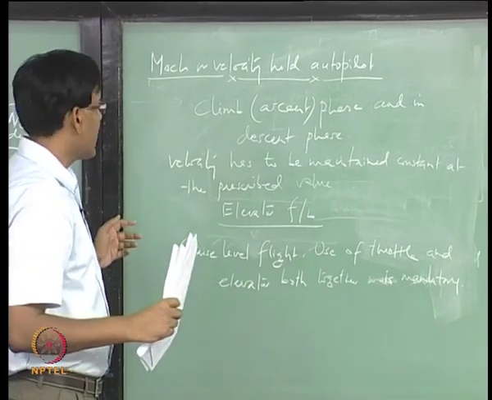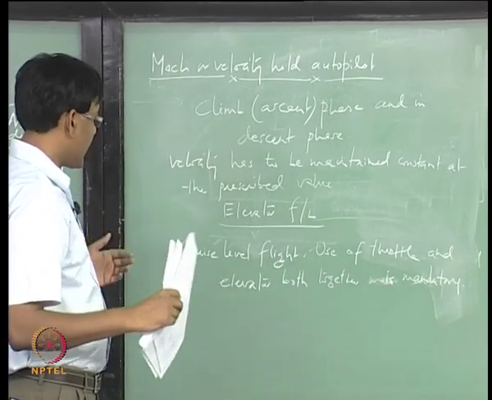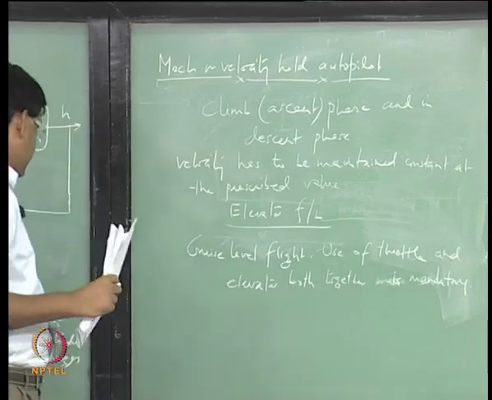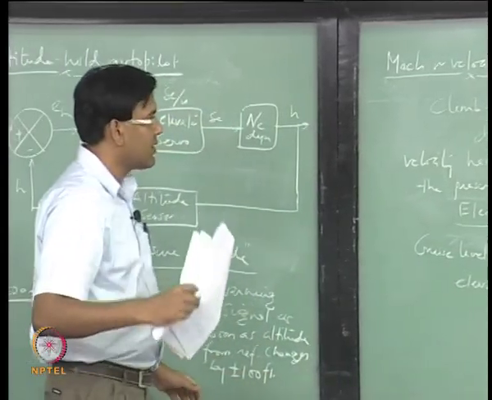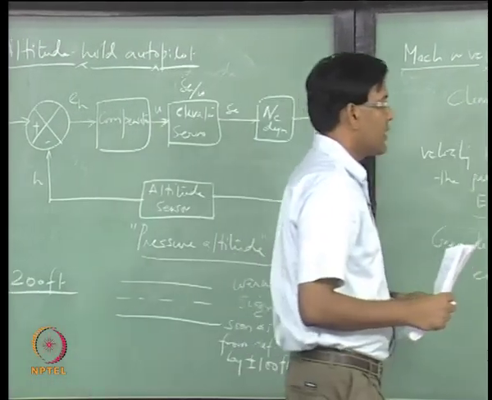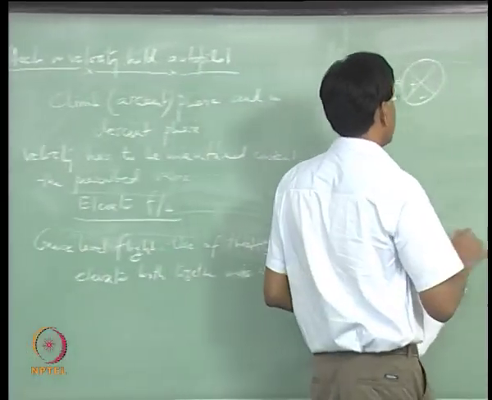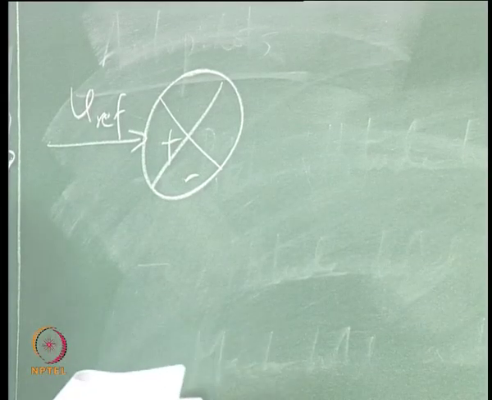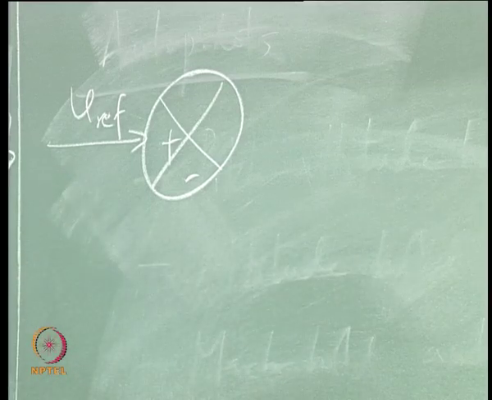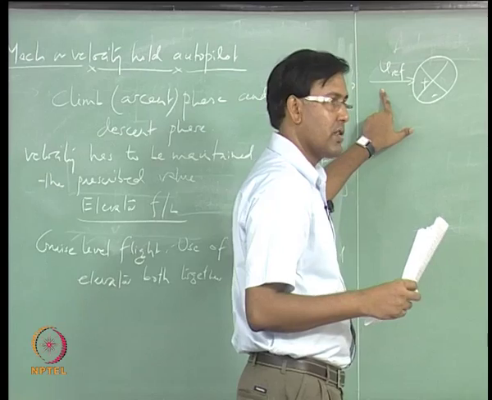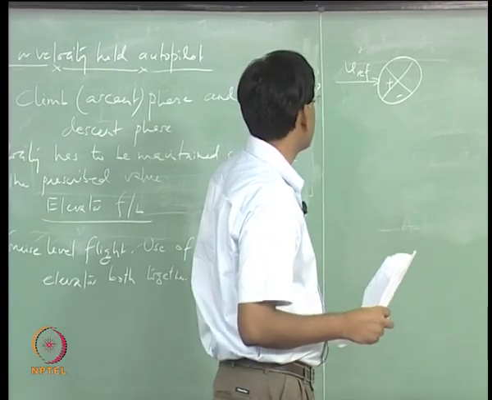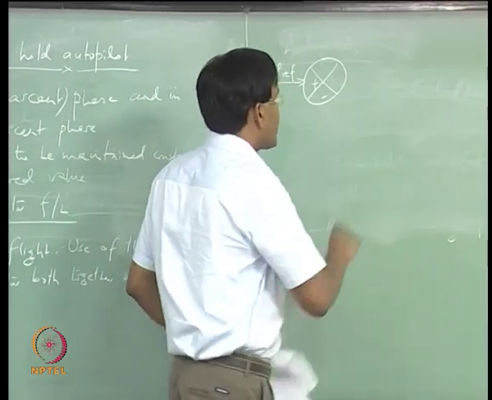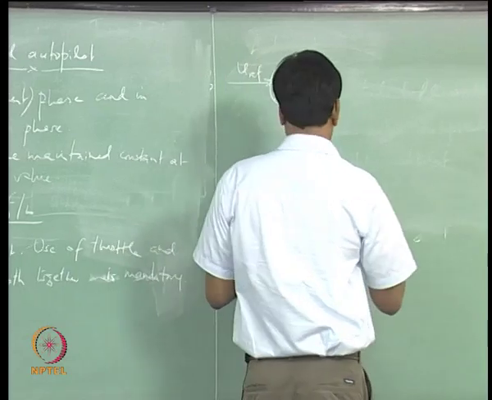So, if you want to do something else also, for example, controlling the dynamic response, then we can have something within the loop of this control system. So, the main outer loop will try to control the Mach number or the speed, and the inner loop can be used to change the dynamic response.